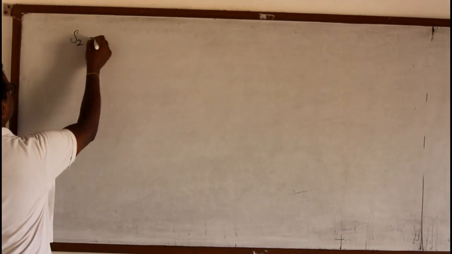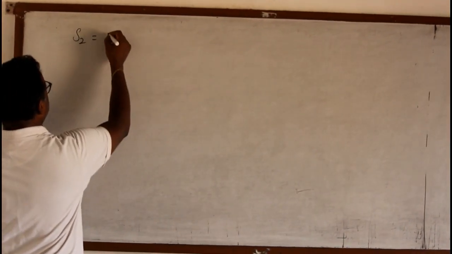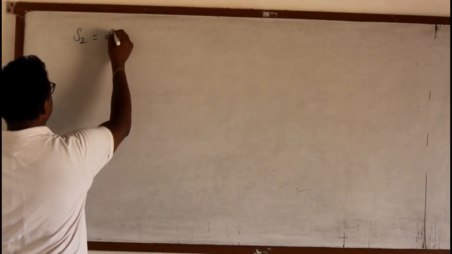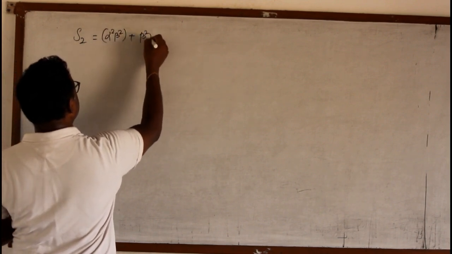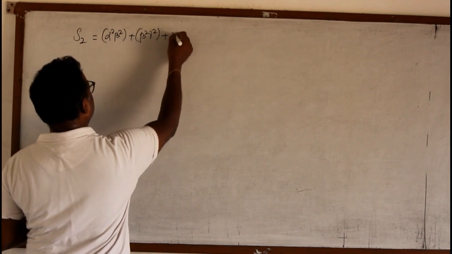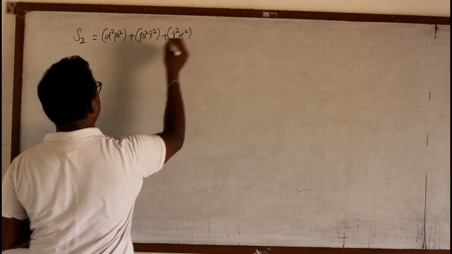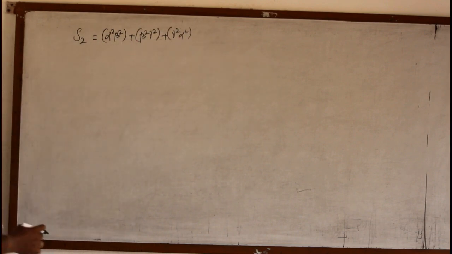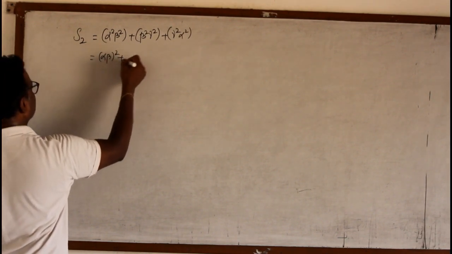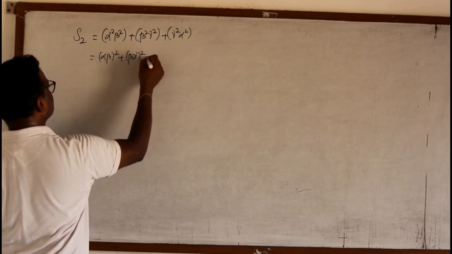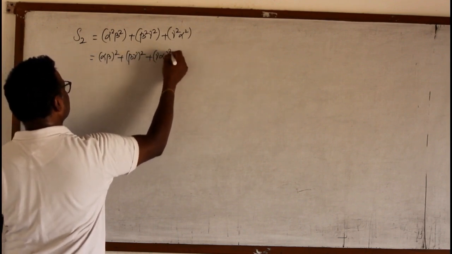Now S2 is the sum of the squares of two terms, that is alpha square beta square plus beta square gamma square plus gamma square alpha square. Now this is of the format a square b square, that is alpha beta the whole square, beta gamma the whole square, gamma alpha the whole square.